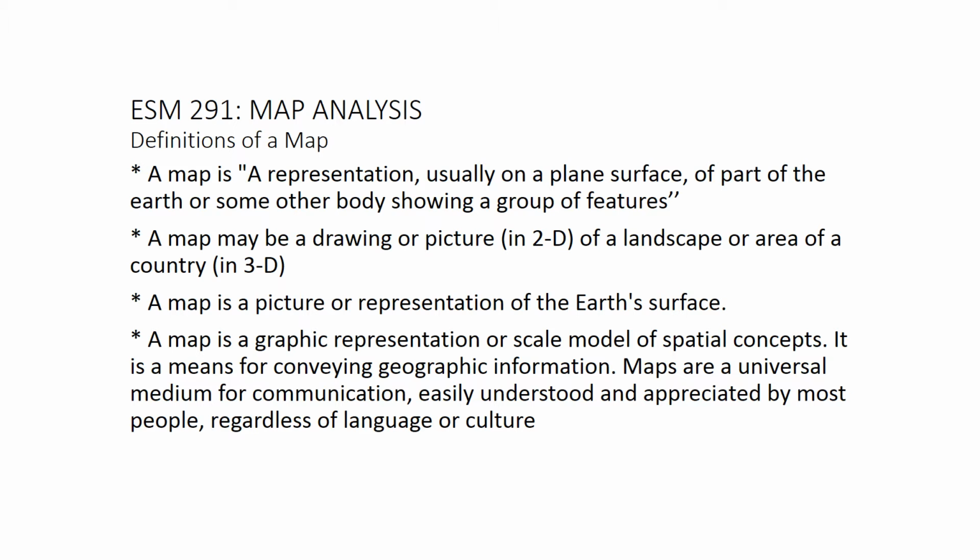So maps are usually in 2D, and there is a picture or a representation of the Earth's surface. A map is a graphic representation or a scale model of spatial concepts. It is a means for conveying geographic information.